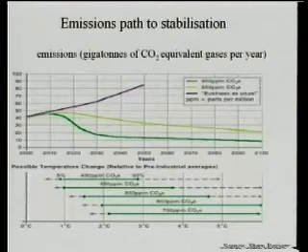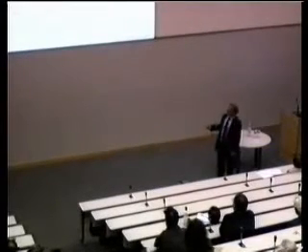If we wanted to be on the 550 parts per million trajectory, the yellow curve is an approximation to getting there, and the red curve shows the very challenging process of getting it down to 450. Now, I would love to be on 450. I don't want to be misunderstood here. In fact, I would love to be at 270. But the question is, how do we achieve that?